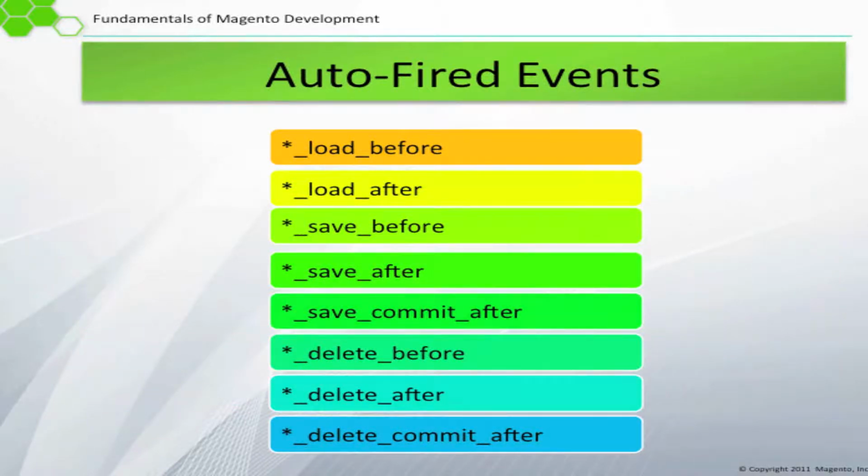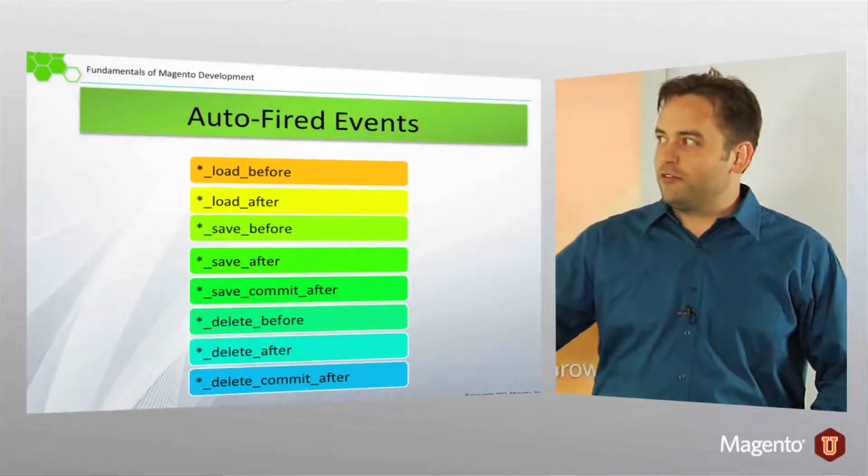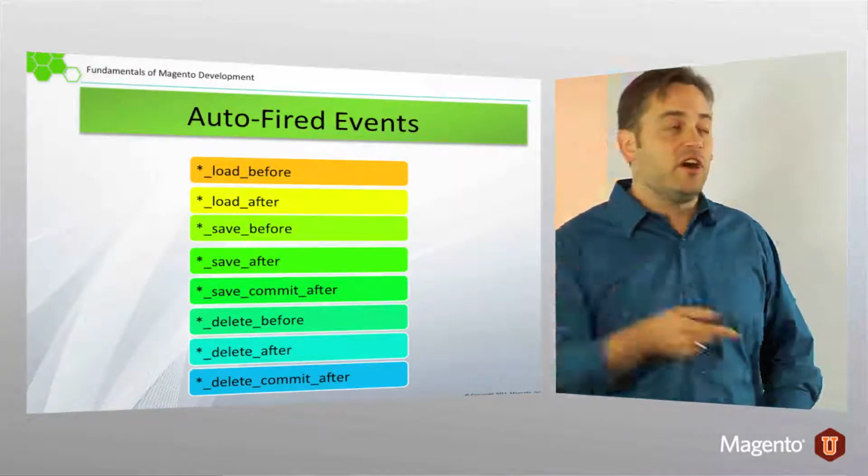Here's a list. So, for example, if I have identified my string as ben_first, and I have this model, it would be ben_first_load_before, ben_first_load_after, ben_first_save_before.